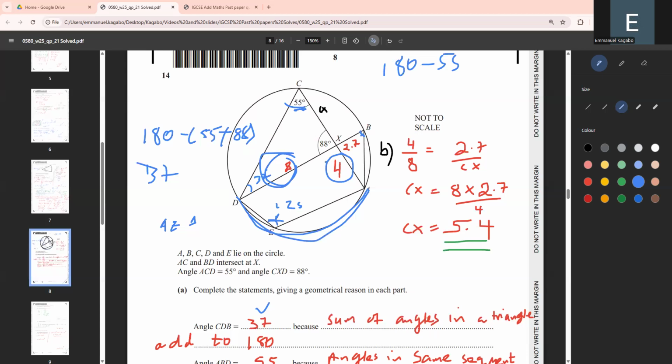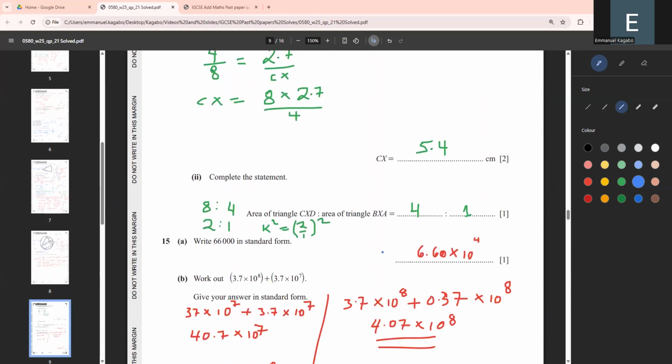So 4 divided by this should be the same as this divided by that. So I have 4 over 8 equals 2.7 over CX. When I cross multiply, I'm going to get 4CX equals this times that. I divide by 4 both sides, and when I simplify, that is 2 times 2.7, which gives me 5.4. Very good. Very fantastic.